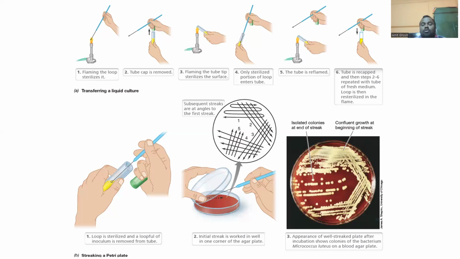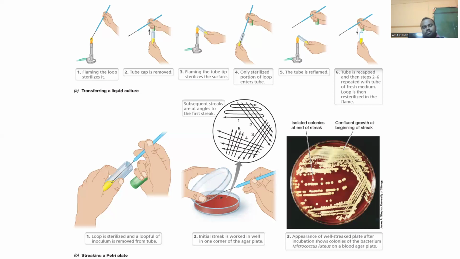The microorganism grows gradually, and whenever a single bacterium grows, at the end it will form a colony, an isolated single colony. So this is the appearance of a streaked plate after incubation, showing colonies of bacteria, and this is the example of Micrococcus luteus on a blood agar plate.